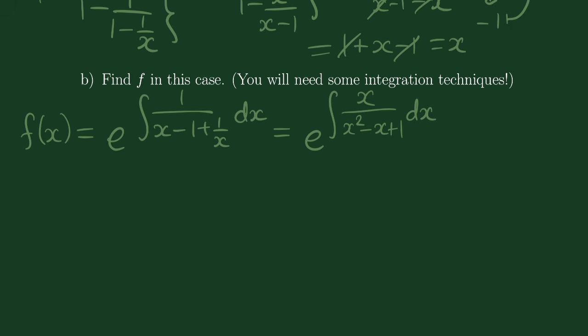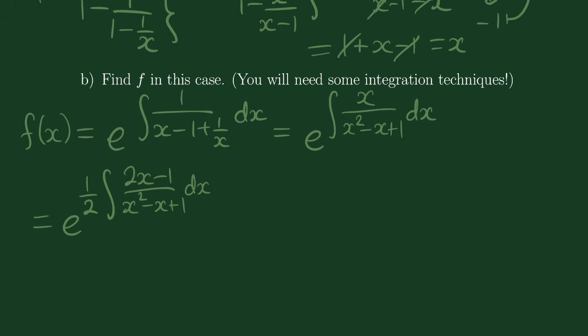Now this is a linear over a quadratic, so we're expecting to see a log somewhere. We want the top to be the derivative of the bottom, which is 2x minus 1. And so we're going to multiply by a half out the front to get a 2x, and then add in a minus 1 to ensure we have the derivative of the bottom.